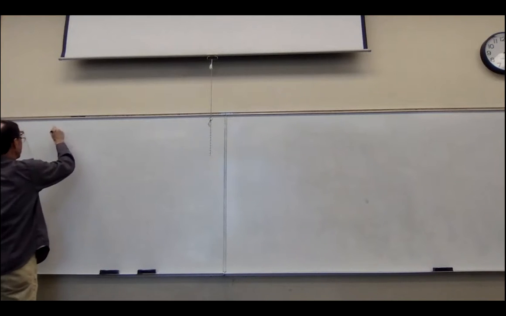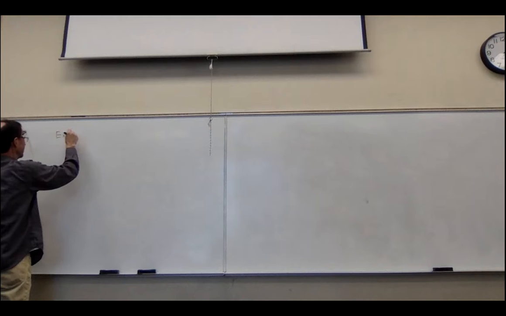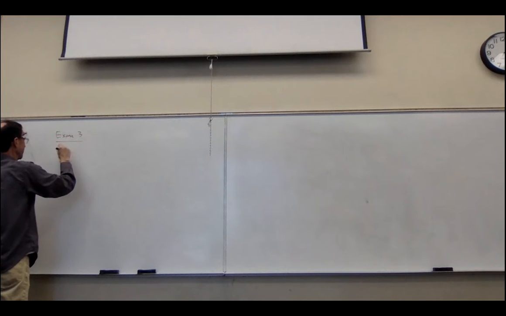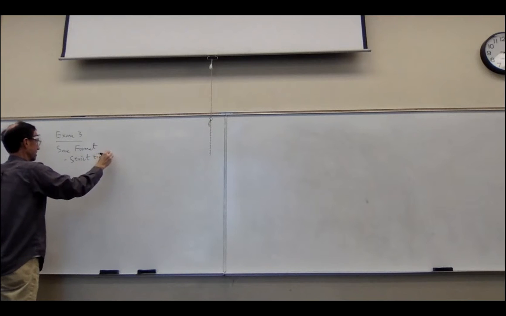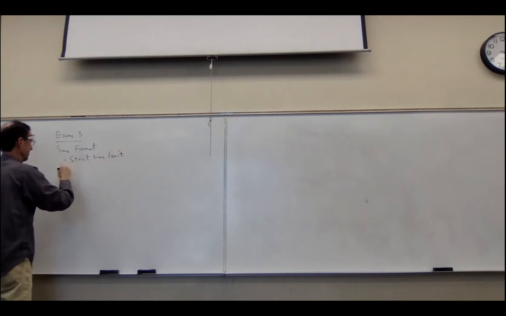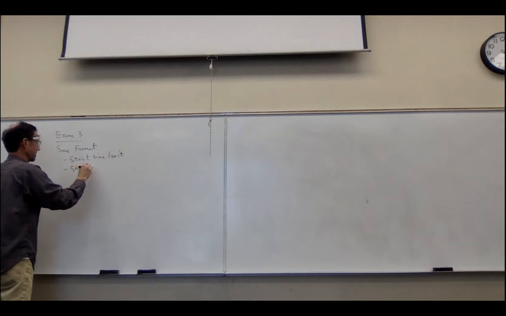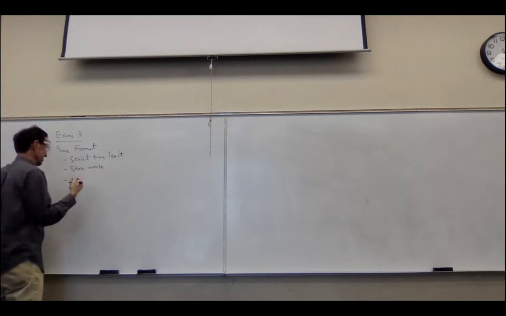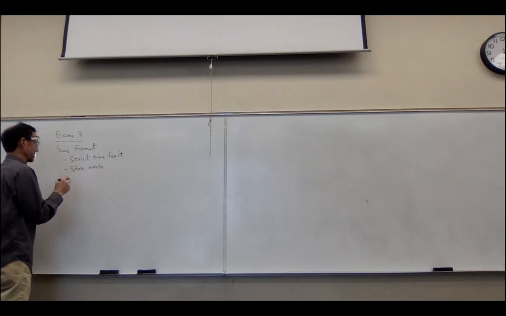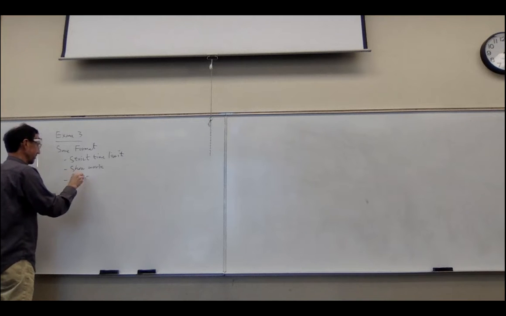So exam 3 on Wednesday. The format details are the same, which means there's a strict time limit. It means we show all necessary work; we grade the work, not the answer. No calculator, just focus on the concepts.